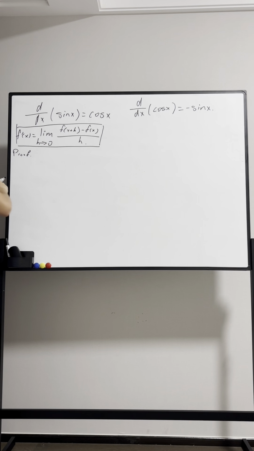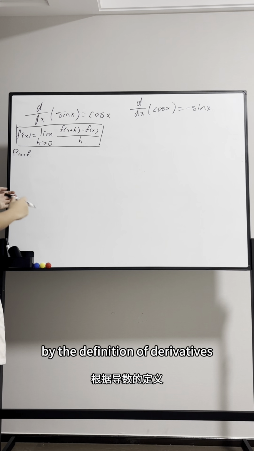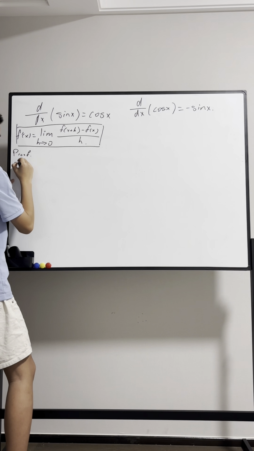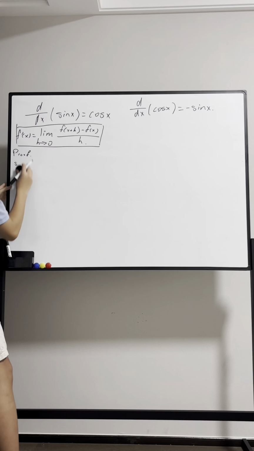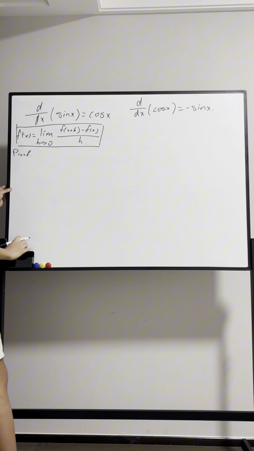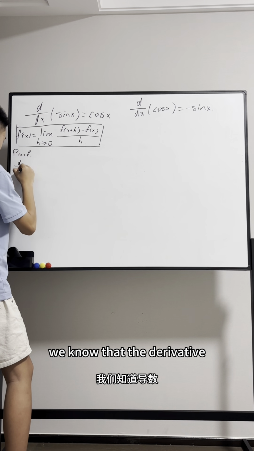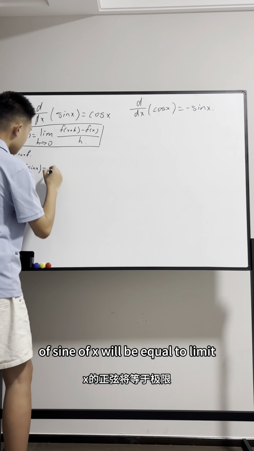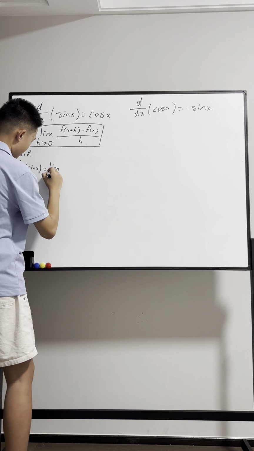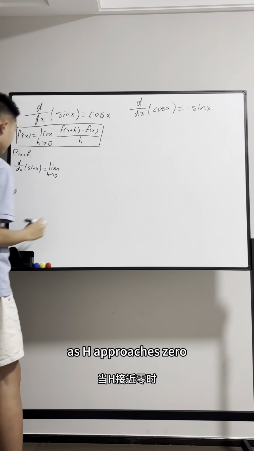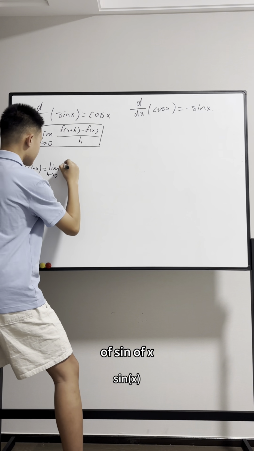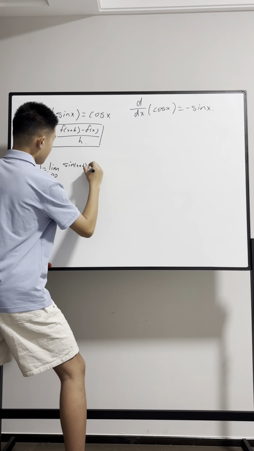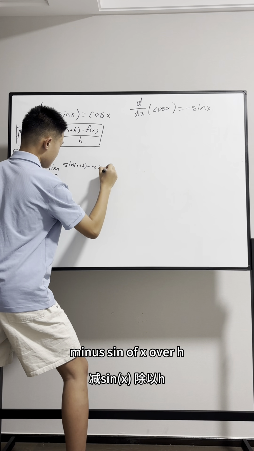So by the definition of derivatives, we know that the derivative of sine of x will be equal to the limit as h approaches 0 of sine of x plus h minus sine of x over h.